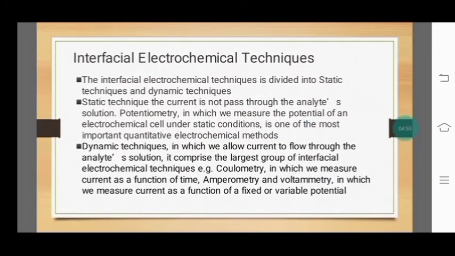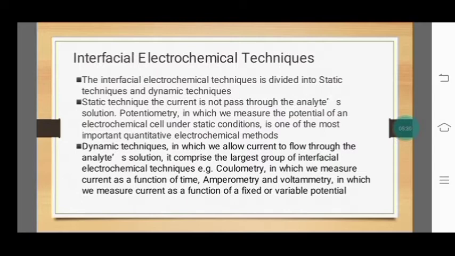Interfacial electrochemical techniques are divided into static techniques and dynamic techniques. In static techniques, current is not passed through the analyte solution. Potentiometry, in which we measure the potential of an electrochemical cell under static conditions, is one of the most important quantitative electrochemical methods.